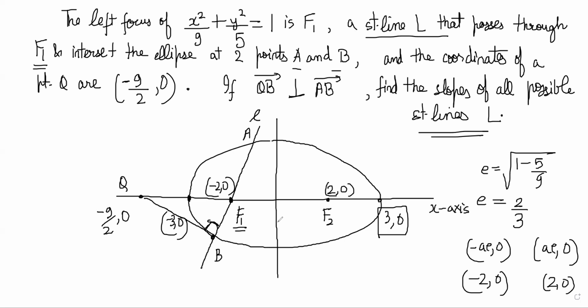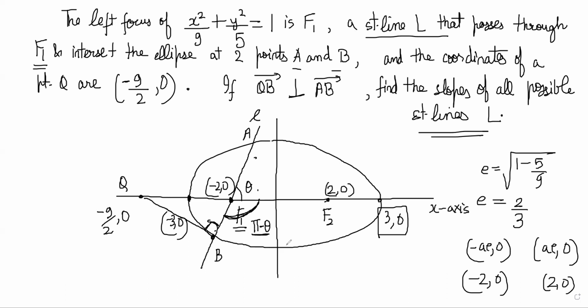So we can say that, let's say the angle F2 F1 A, this angle, let's call it theta, right? So if this angle is theta, then the angle F2 F1 B will be pi minus theta.